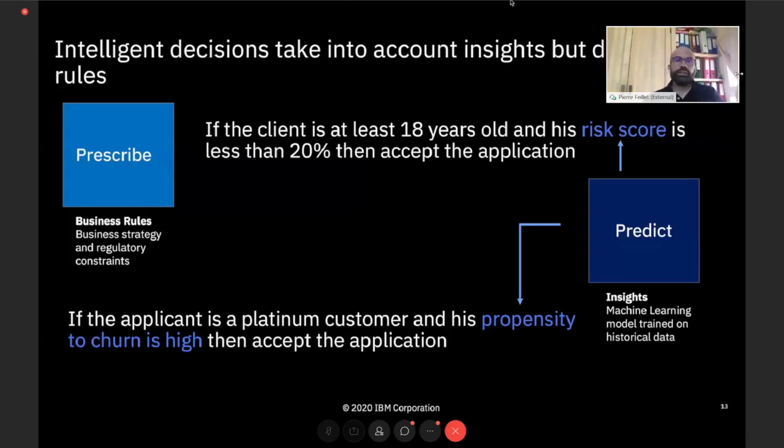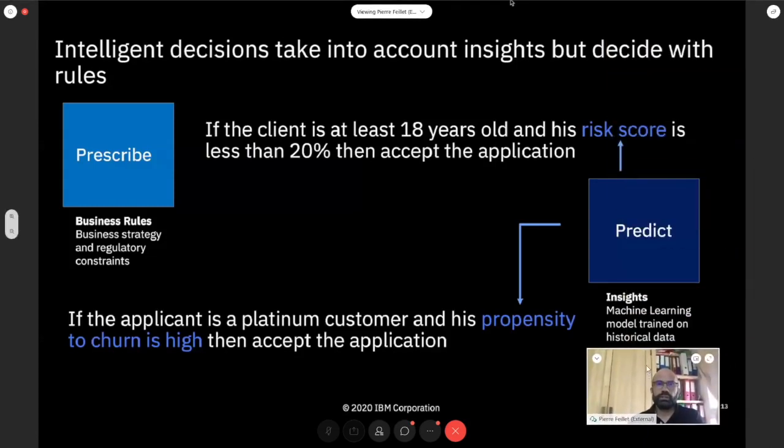Okay, super quickly. When we mix business rules and ML models, usually we have a business expression that is near a natural language expression. For example, if the client is at least 18 years old and their risk score is less than X, this threshold, then take an action or take a decision.